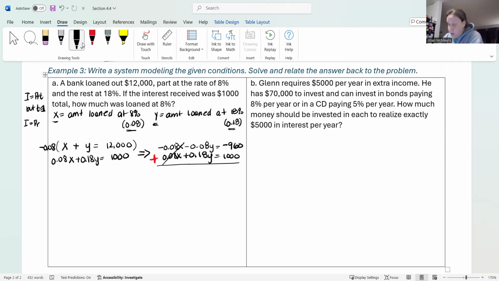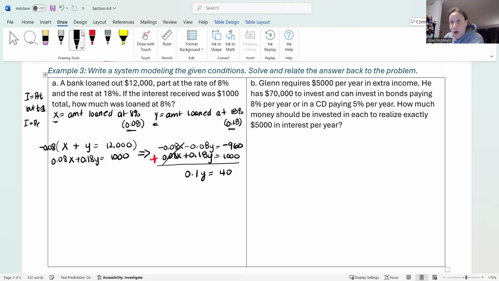Now, when we combine the other two columns, negative 0.08y plus 0.18y should become 0.10y. I'm just going to simplify it to 0.1. So remember, it's like 0.10. Think negative 8 plus 18 is 10. It's kind of the same thing. So we get 0.1y. Negative 960 plus 1,000 should be 40.